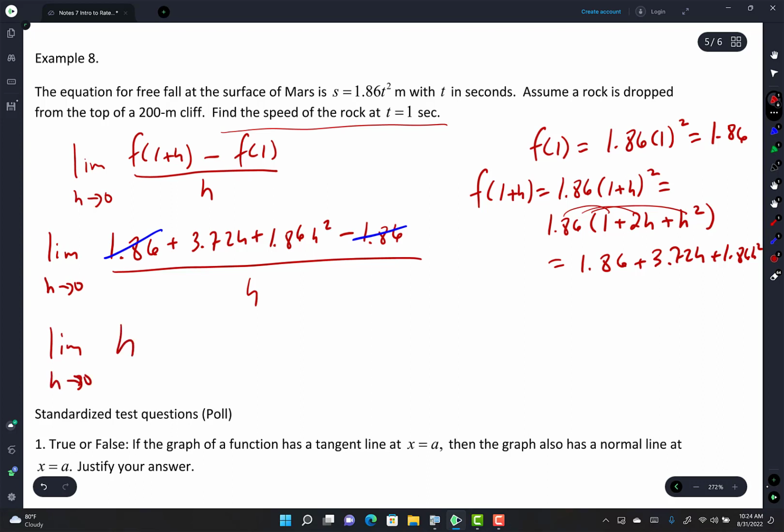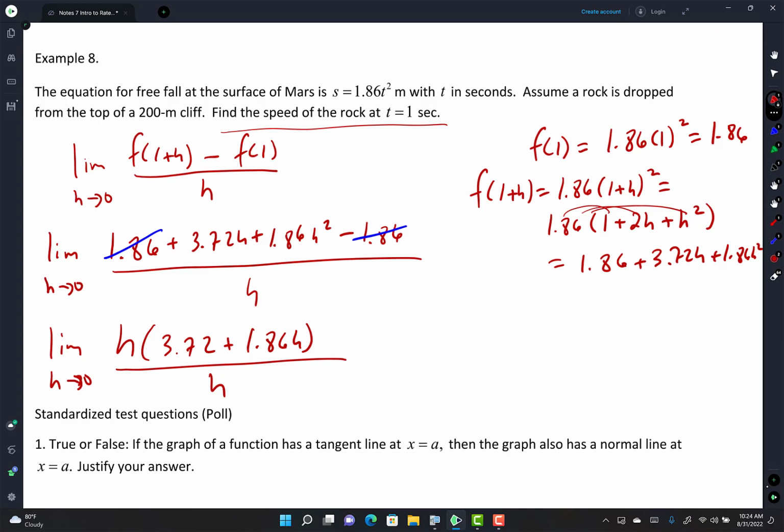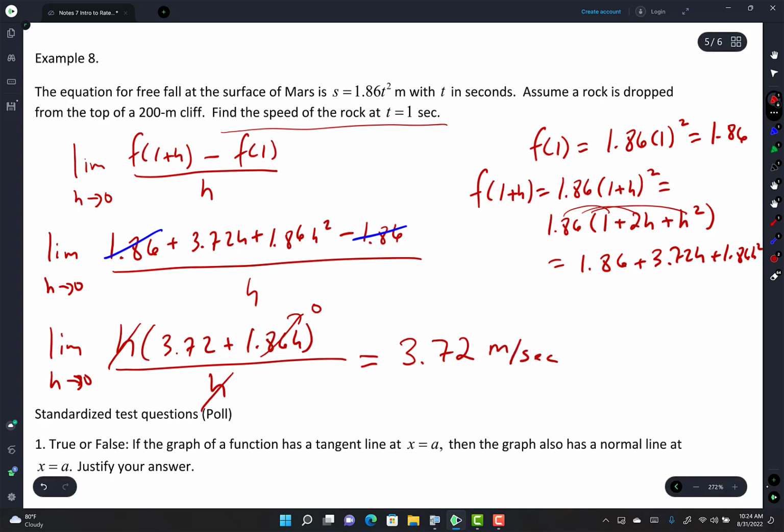There's my h. 3.72 plus 1.86h, all over h. Oh, did I put minus? Okay, I'm still going to get the same answer. Sorry. Because that has an h, so it's going to go away. The h's cancel out. h is approaching 0. So my answer is 3.72. I need units. Meters per second.